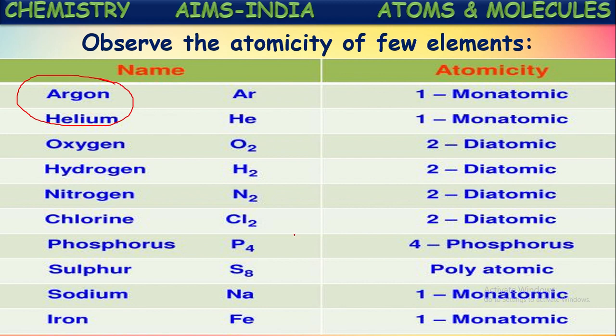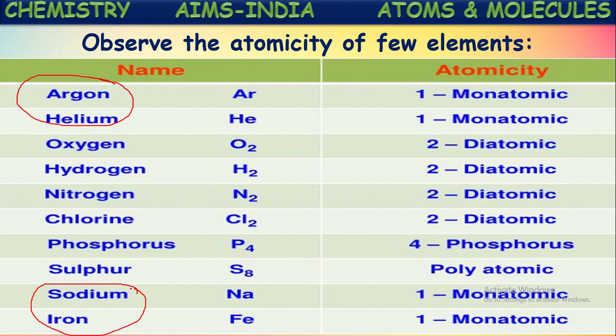If you observe at the last, they have given sodium, iron. So these are metallic elements. So noble gases as well as metallic elements contain single atoms in their molecules. So these are called monoatomic elements, and their molecules are said to be monoatomic molecules.